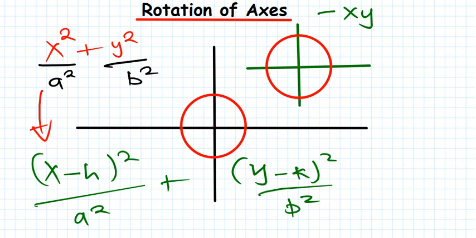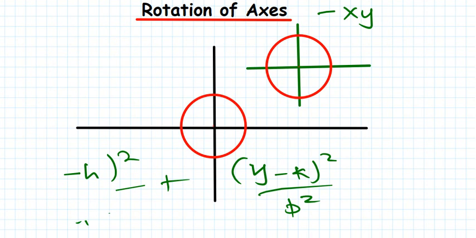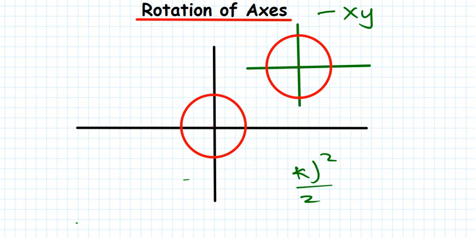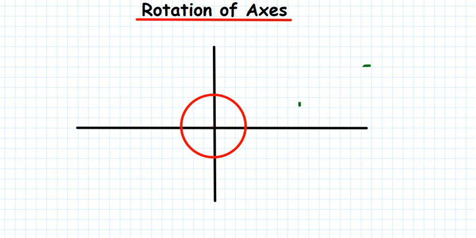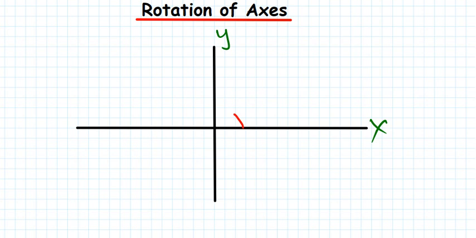In this video, we're going to talk about rotation of axes. So how do we rotate? By that, we mean we are rotating the axes. If you've got x and y, this is the original x-y plane. What happens if you rotate it counterclockwise or clockwise by a certain magnitude of an angle?